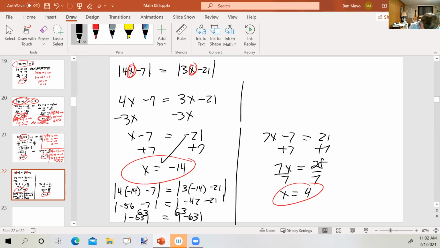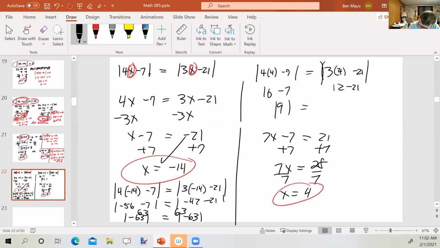If I put 4, I'm going to get this. 4 times 4 minus 7, 3 times 4 minus 21. 4 times 4, 16 minus 7, absolute value of 9. 12 minus 21, absolute value of negative 9. Absolute value of 9 is 9. Absolute value of negative 9 is 9. 9 equals 9, and it checks.